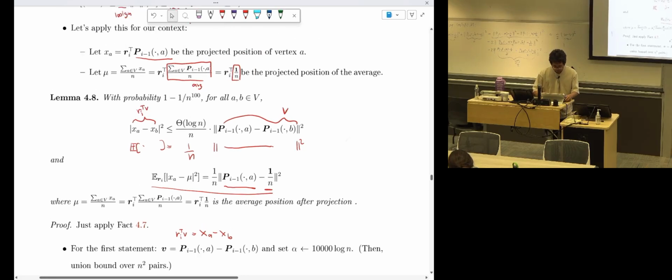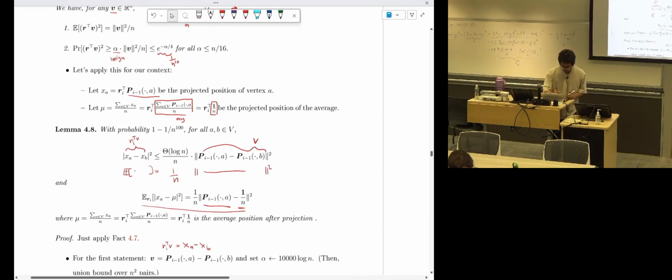I set V to be this vector, and then once we apply this thing, you get this thing.